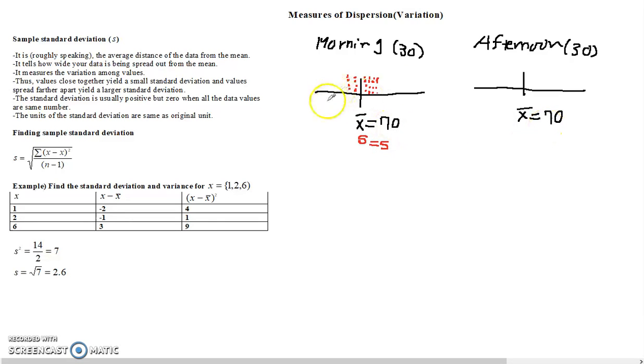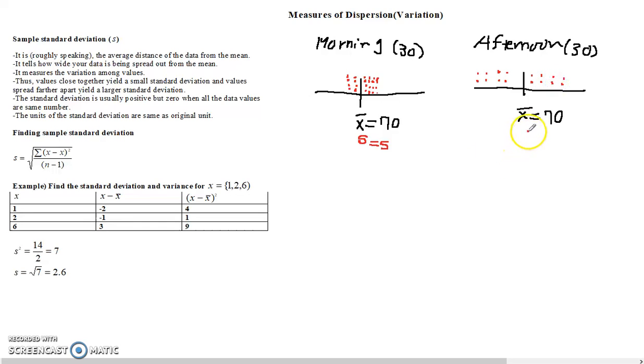But when I compare to the afternoon class, these red dots are the actual scores of each student. Let's assume that those are 30. But the afternoon classes are much more distant, like so. They kind of spread out all over the place.